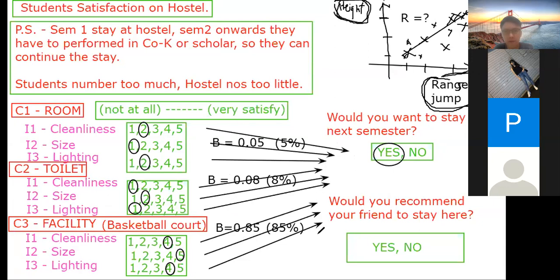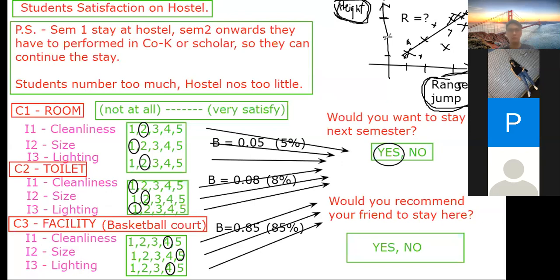How many arrows do I have? Nine. Out of every three, I take one average, for the groups C1, C2, C3, and I correlate them with yes.